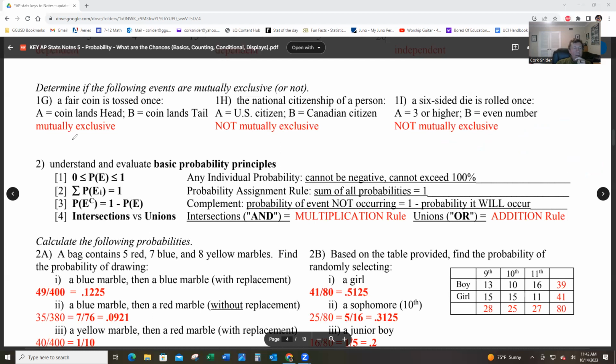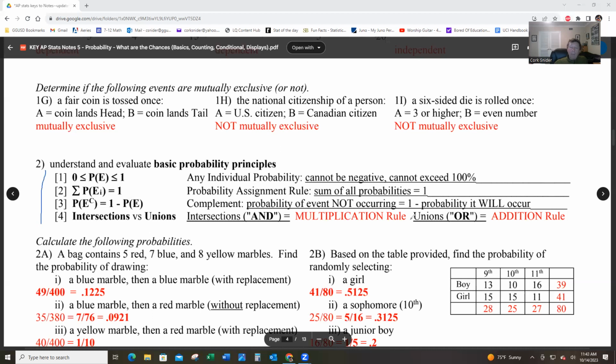Okay. Now right here is some basic things you should know. Probabilities are between 0 and 1. 0 means never. 1 means always. So 0.9, a 90% chance, is really high. 0.1, a 10% chance, is really low, etc. Now, all the individual probabilities within a data set have to add to 1, and you guys should know that.